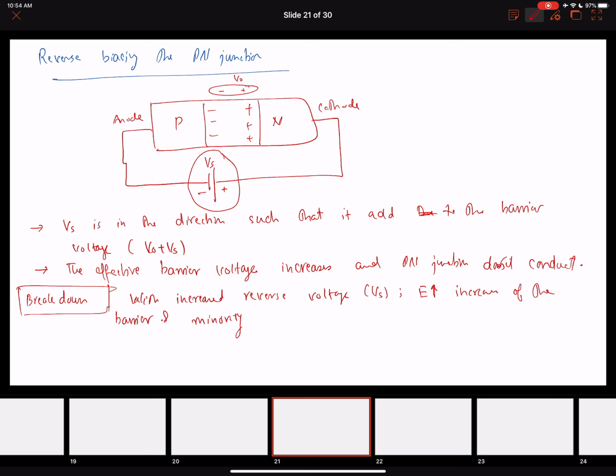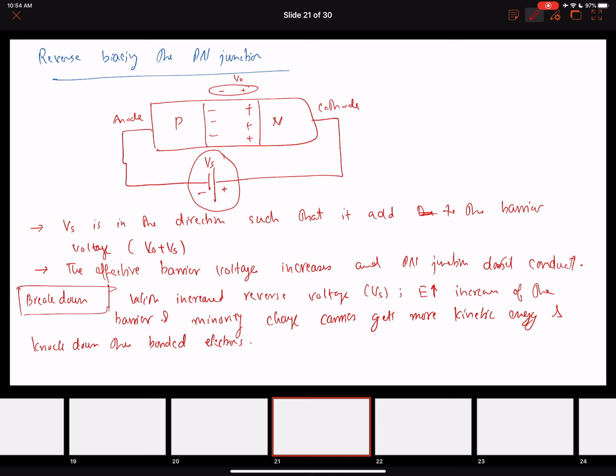And minority charge carriers gets more kinetic energy and knock down the bonded electrons, right?